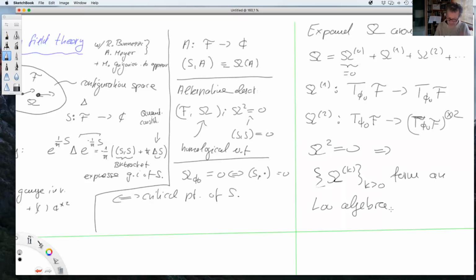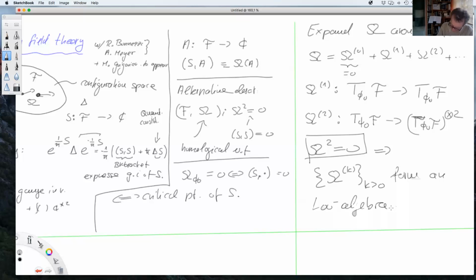So you have higher order maps. This L-infinity algebra is very popular these days, but I'm not actually going to use it. We can just take this to be the definition. If you expand the homological vector field around the critical point, the condition that omega is homological implies that these expansion coefficients satisfy it. We can take this as the definition of an L-infinity algebra, but I'm not going to use it.